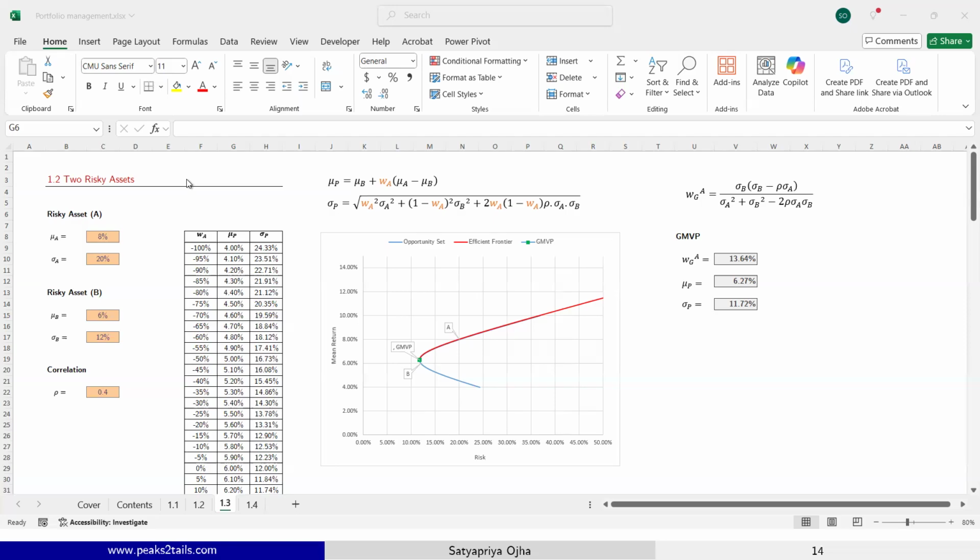Yeah. So let's look at a few cases of this particular portfolio with different values of rho.